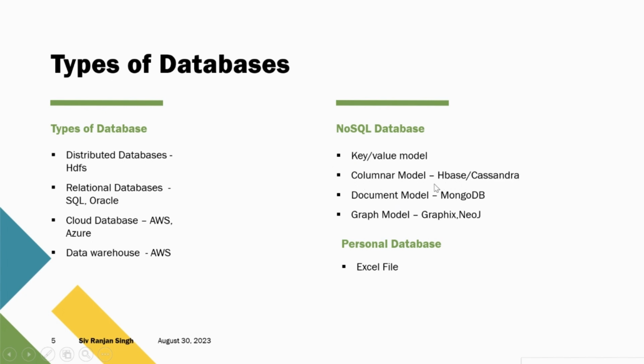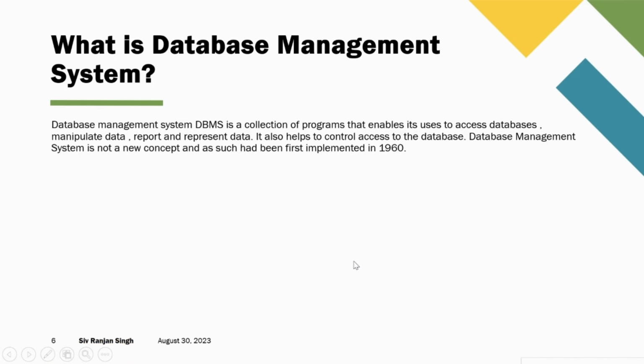Document model like MongoDB is also a NoSQL database, and graph model like Neo4j. A personal database is like an Excel file, where we store data for our personal use.